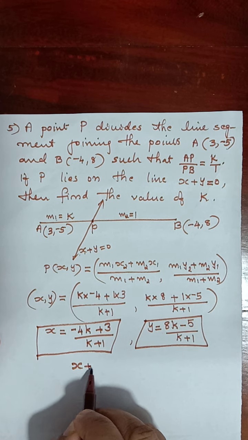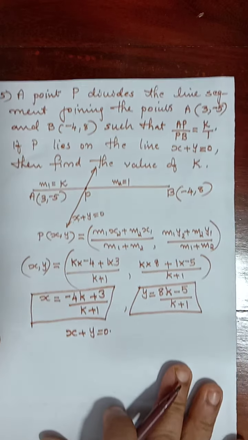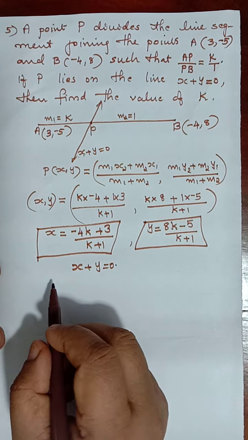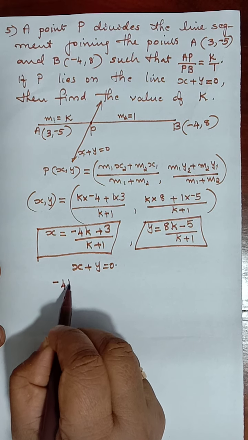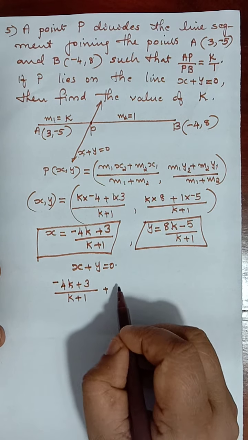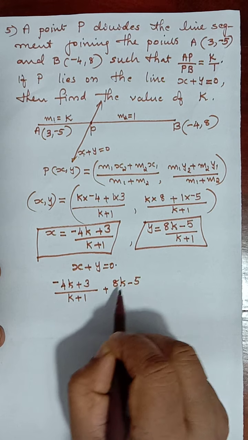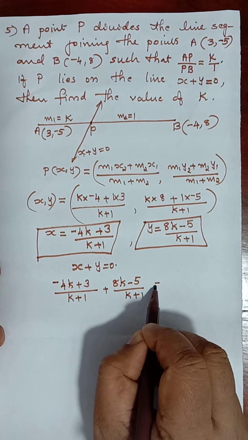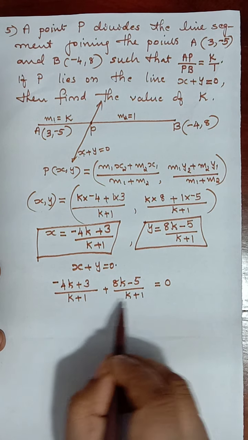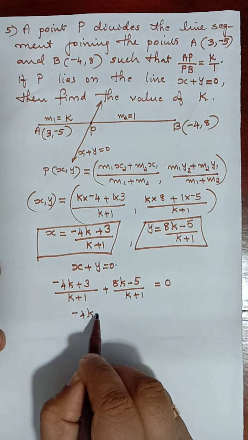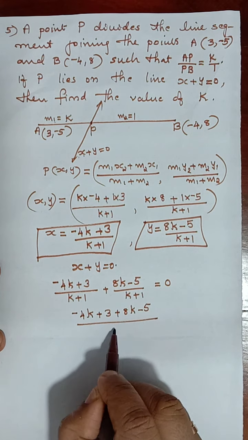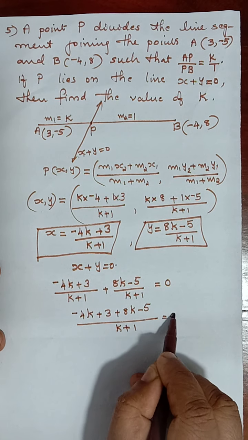So x plus y equal to 0. Let us substitute: x equal to (negative 4k plus 3) by (k plus 1) plus y, which is (8k minus 5) by (k plus 1), equal to 0. Common denominator it has. So we can add the numerators: (-4k plus 3 plus 8k minus 5) divided by (k plus 1) equal to 0.